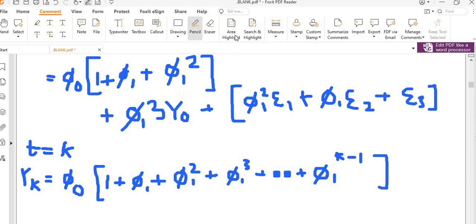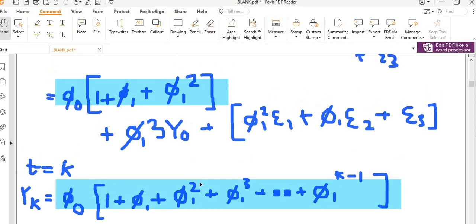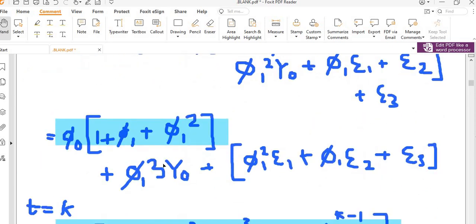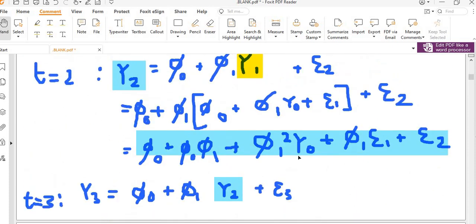This is for this part. Then you have this term. For t equal to 3, you have phi 1 cubed y naught. For t equal to 2, you have phi 1 squared y naught.